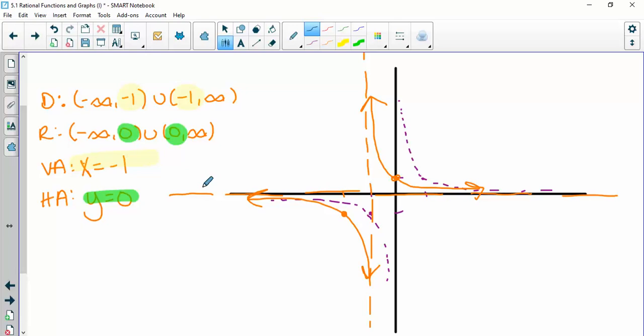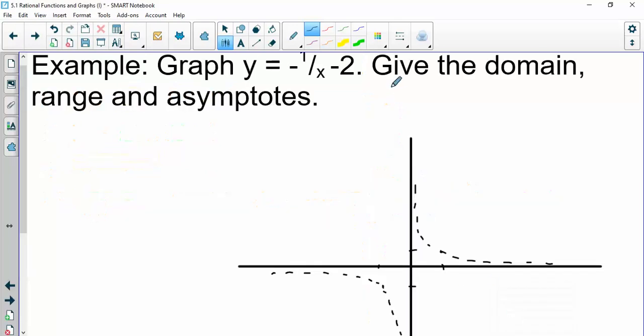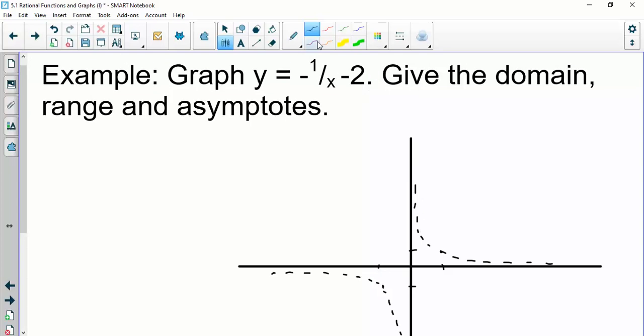I want you guys to try the next. What does -2 do? And what would a negative in front do?